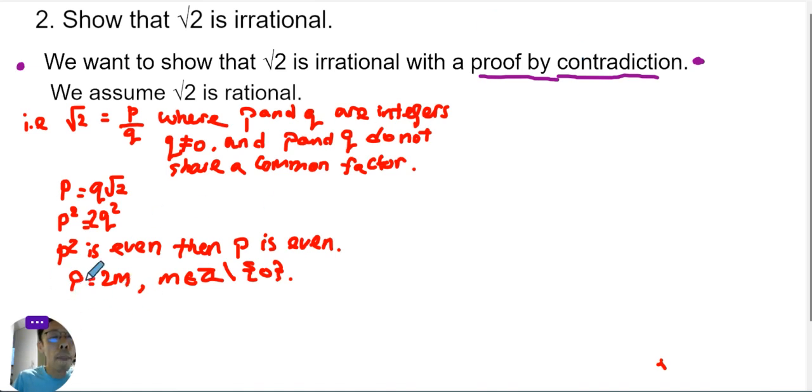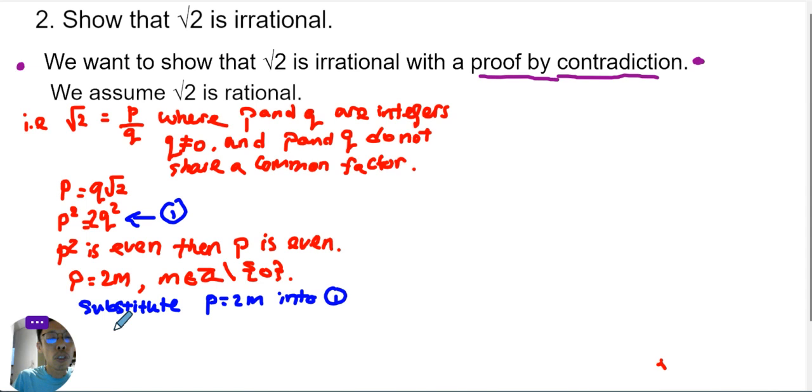So if P is equal to 2m, then I can put this back into our original equation. Substitute P equal to 2m into 1. So right now we have (2m) squared equal to 2q squared, which is 4m squared equal to 2q squared.